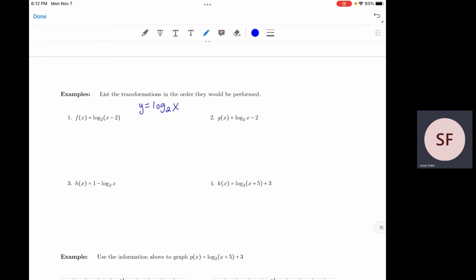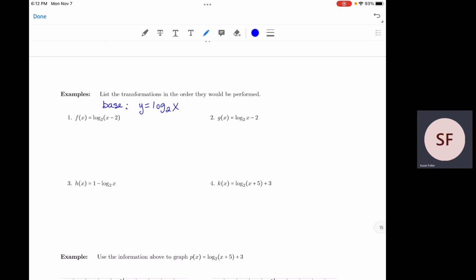Because that base is bigger than 1, this is going to be increasing from left to right. Okay, so that's going to be our base graph. That'll be the basic shape of 1 through 4 here, and all of these transformations will be done to that base graph. So let's start and list the transformations here that would happen to that graph. I never listed that as the base function, so I'll just label that quick.